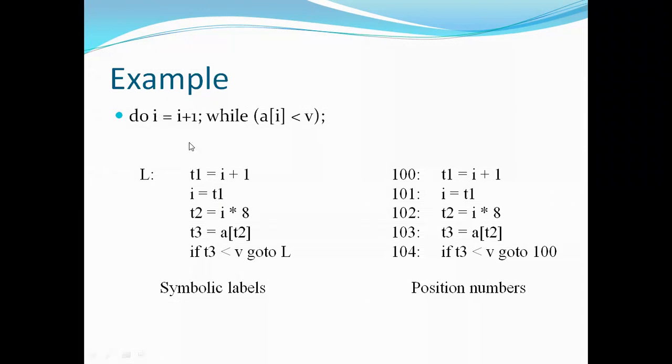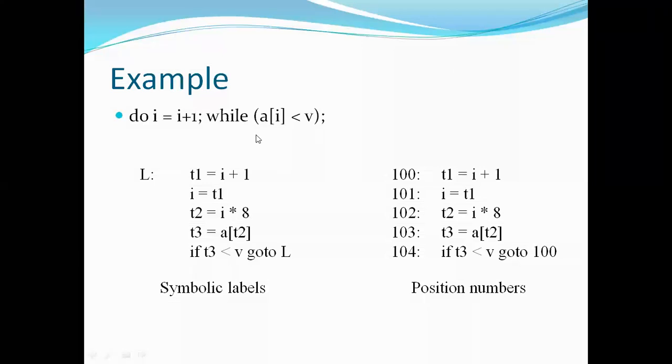Now go to the array representation, a of i. If we are having such representations, T2 is equal to i multiplied by 8, because it is an array, so i into 8. Wherever you are having a line of code like this, we need to use i into 8.